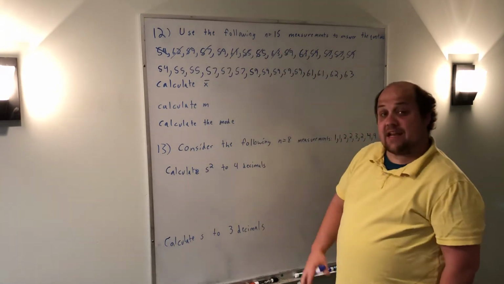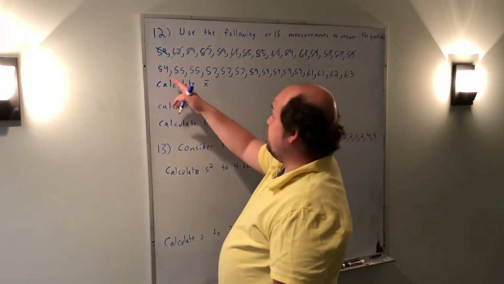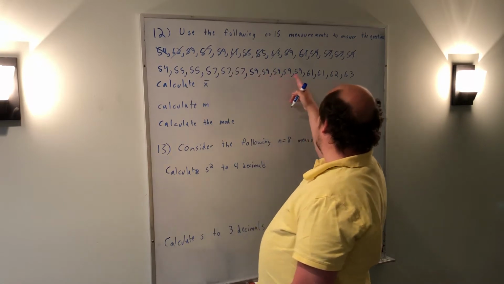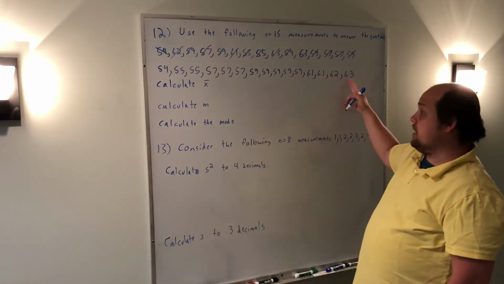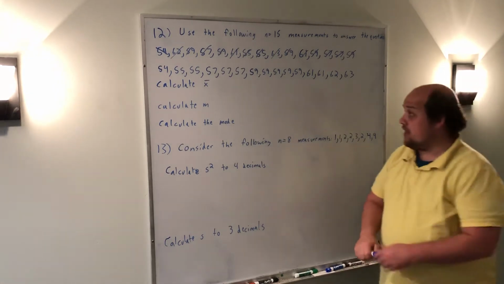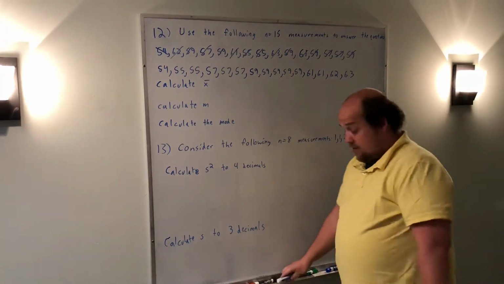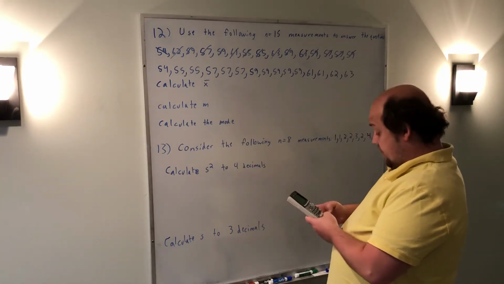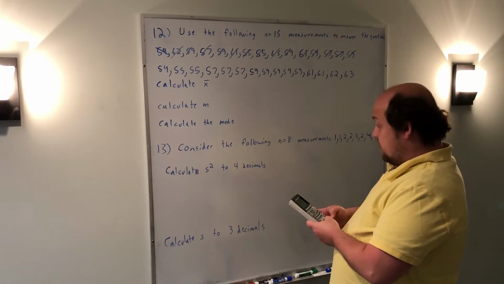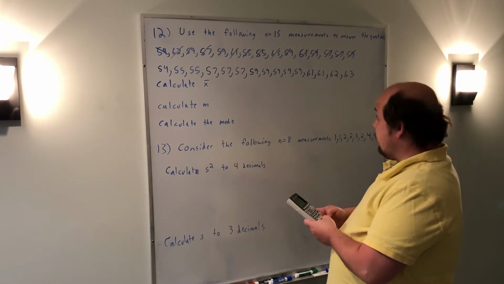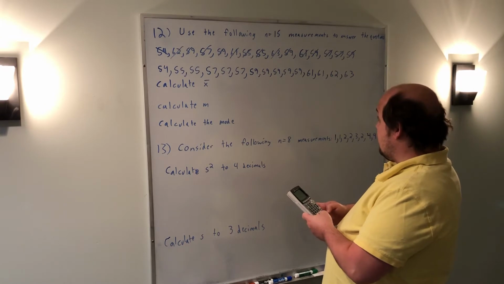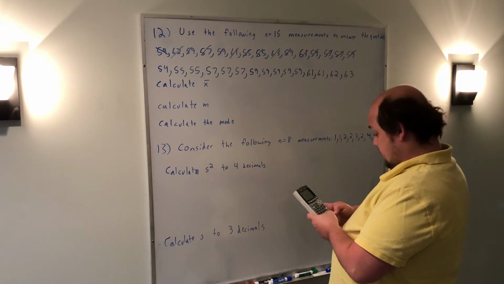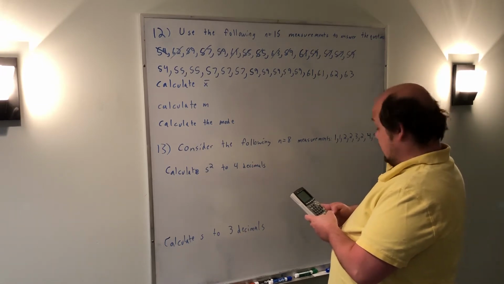Just to double check that I got everything, I'm going to count to make sure my new list has 15. 1, 2, 3, 4, 5, 6, 7, 8, 9, 10, 11, 12, 13, 14, 15. Now that I've got everything in order, I'm going to add it all together and divide by 15 in order to figure out what the mean is. So I'm putting into my calculator 54 plus 55 plus 55 plus 57 plus 57 plus 57 plus 59 plus 59 plus 59 plus 59 plus 59 plus 61 plus 61 plus 62 plus 63.